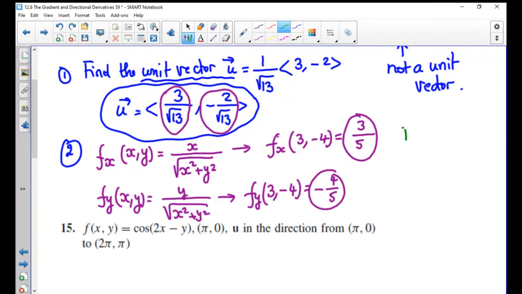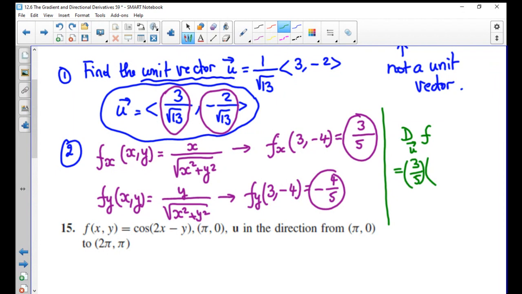So the directional derivative of f in the direction of the unit vector u is going to be 3 over 5 multiplied by u1. Can someone help here? What is u1 here?